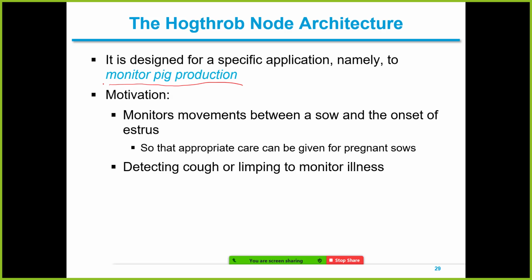So this is a very application-specific wireless sensor node. And the motivation is to monitor the movements between sow and onset of estrus, and detect cough or limping to monitor illness.